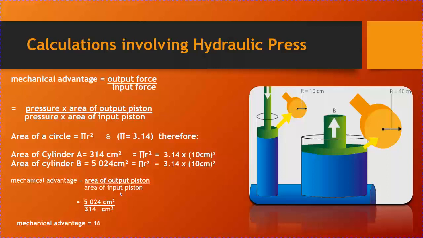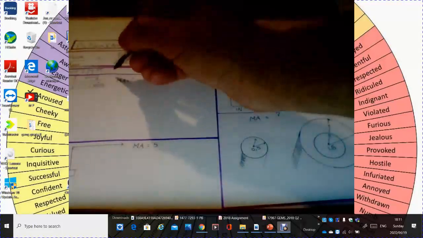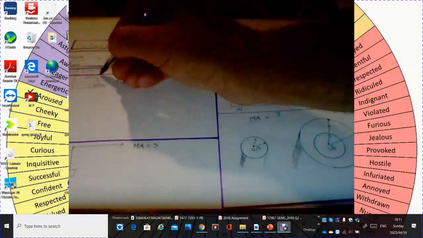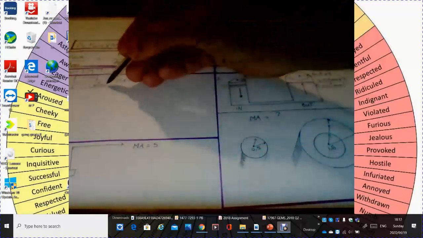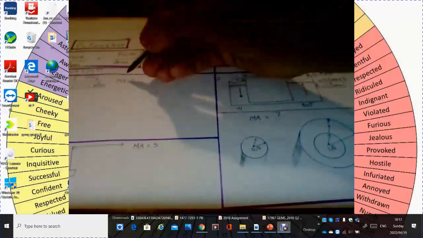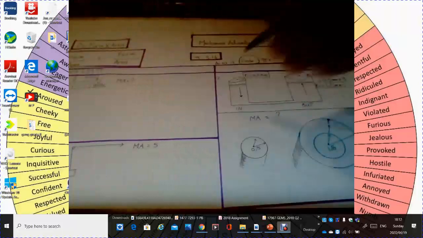Now I would like to move to enabling task number 1. Number 1, we have a press which exerts 200 newtons and it results in an output of 800 newtons. Now they want to know, what is our mechanical advantage?